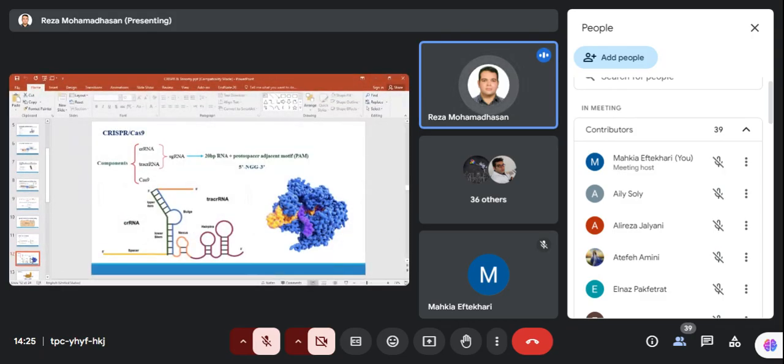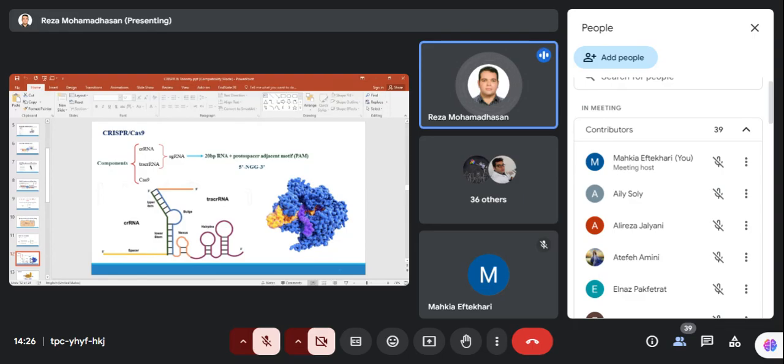The CRISPR-Cas9 system is the most common CRISPR system among researchers, and you can find many studies that use the system to edit the genome.